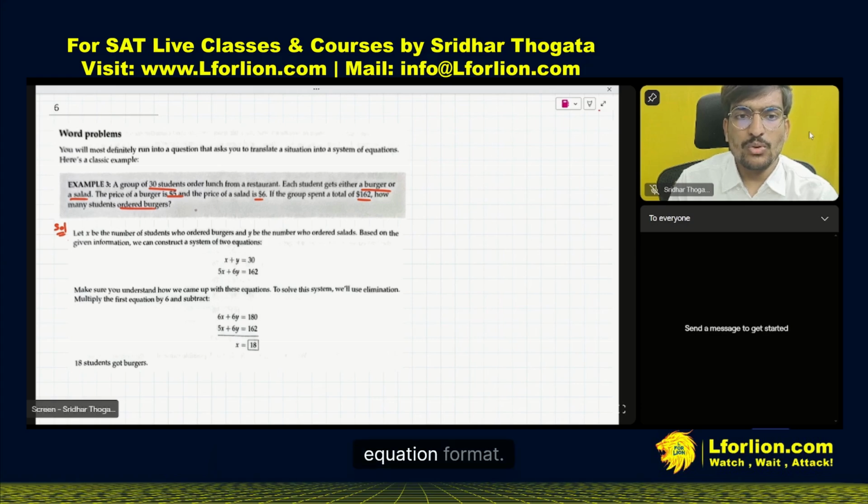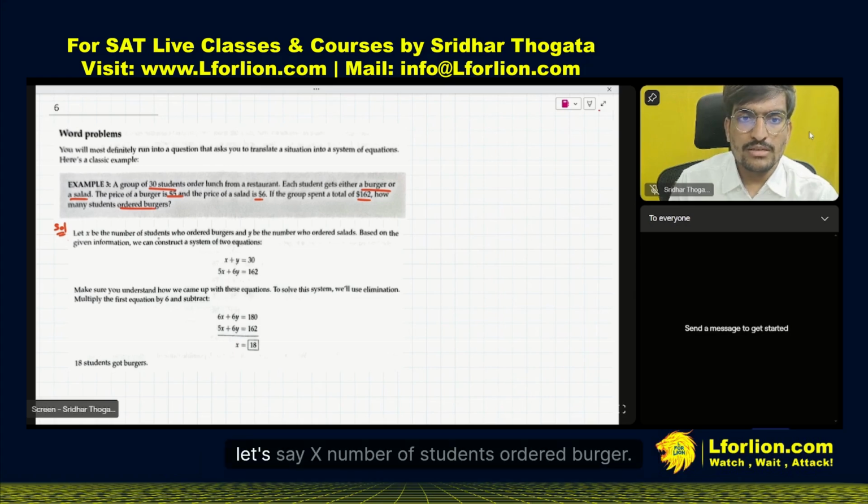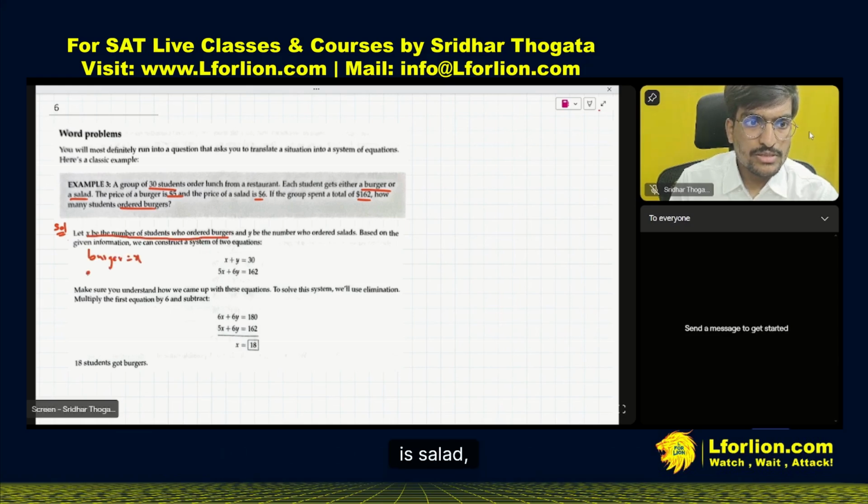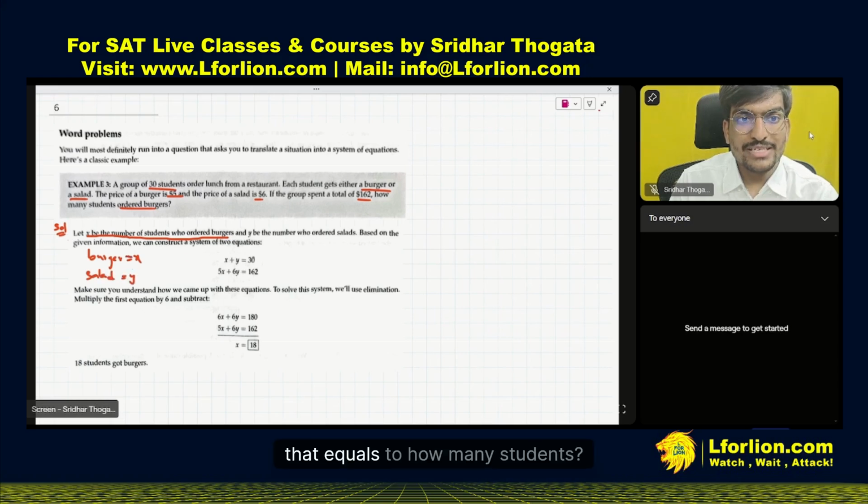So we're just going to write the given scenario in equation format. You can see they can either order a burger or a salad. Let's say x number of students ordered burgers, and the other, salad, is y. So x plus y equals how many students? 30 students. That's what we wrote.